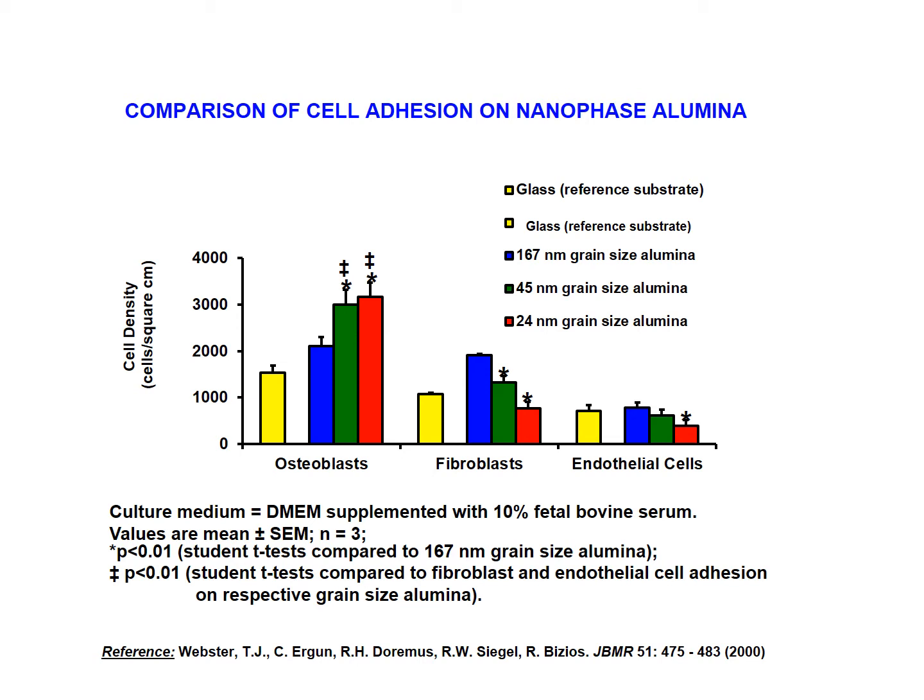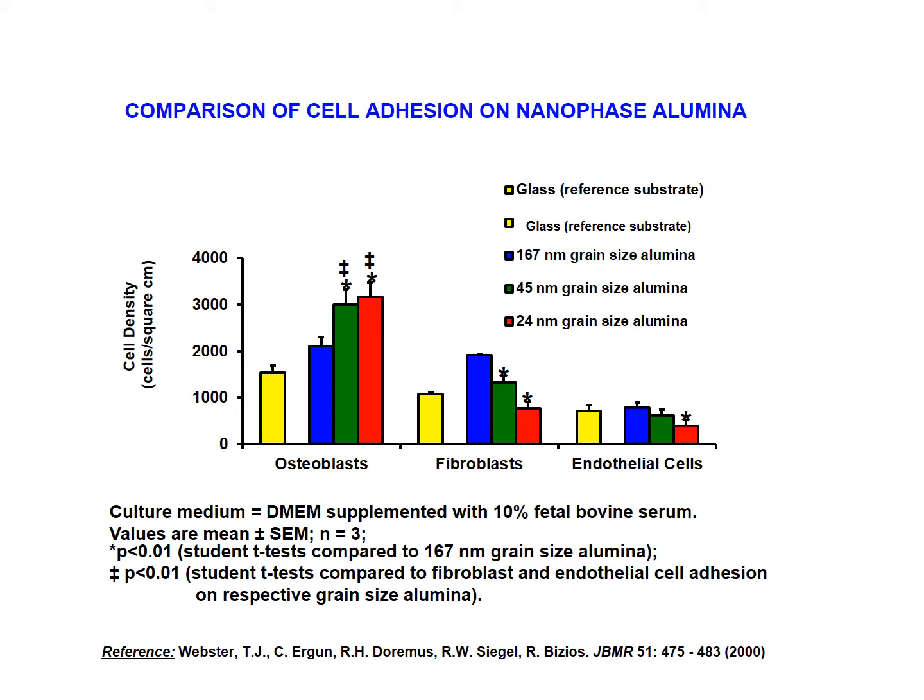The other two bars represent the adhesive interaction of osteoblasts, fibroblasts, and endothelial cells, respectively, on two sizes of nanostructural materials, those with grain sizes of 45 nanometers, those are the green bars, and those with grain sizes of 24 nanometers, and those results are represented by the red bars.